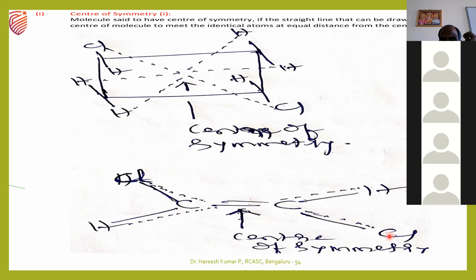You can observe that this is identical Cl, this is also identical Cl, and this will be the center of symmetry. Why? Because the distance between this center and this identical group is the same. So this is about the center of symmetry.